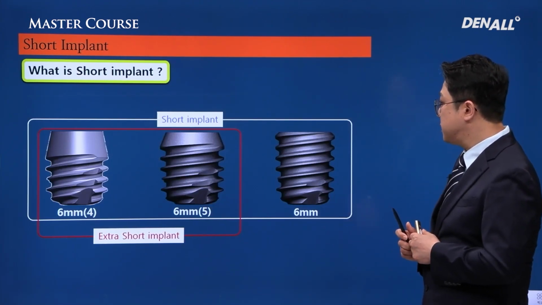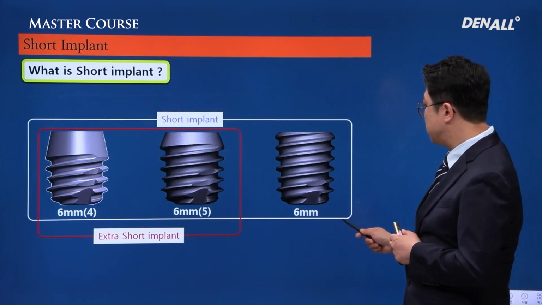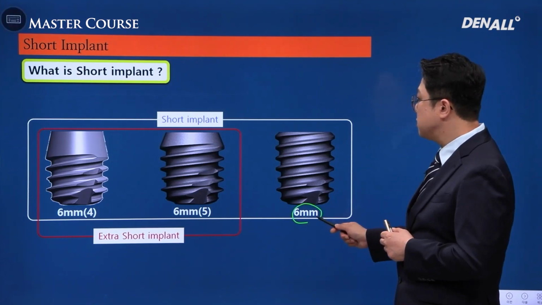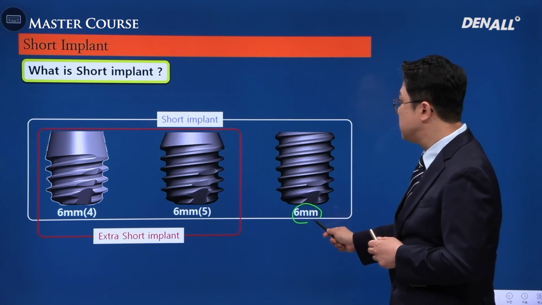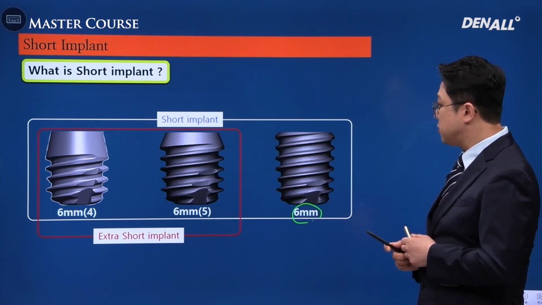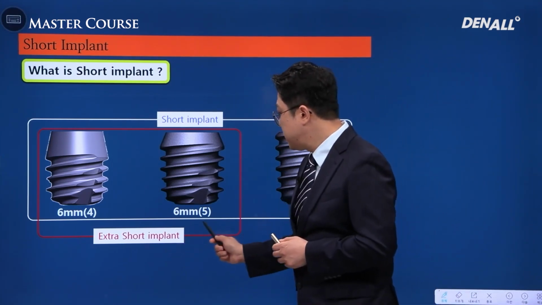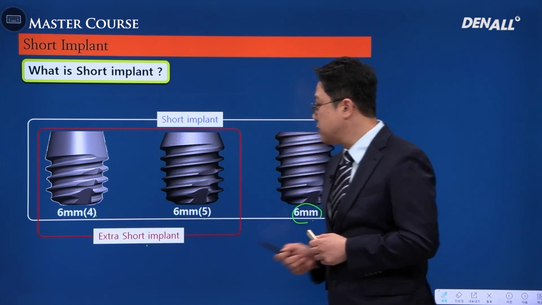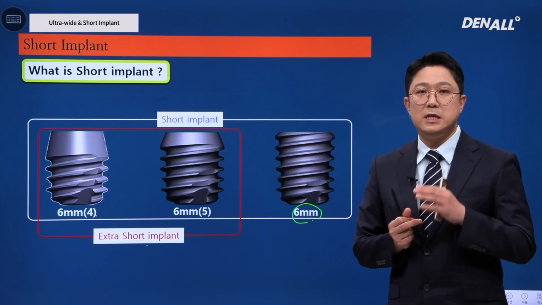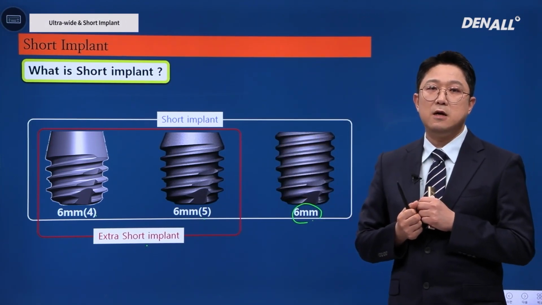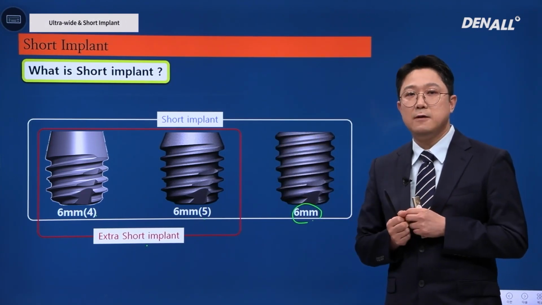In the case of Ostem's TS implant, you can see the 6 mm implant. This is the short implant. And there are extra short implants, which are 5 mm and 4 mm in length. The Korean Ministry of Food and Drug Safety does not permit implants below 6 mm in length.